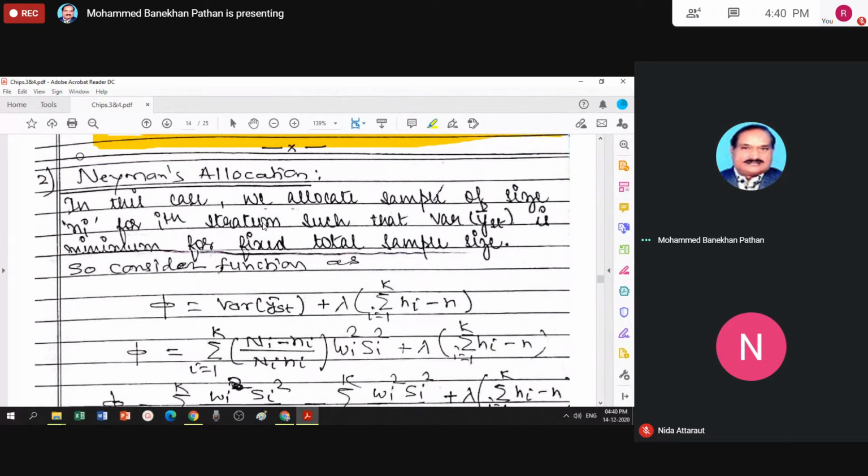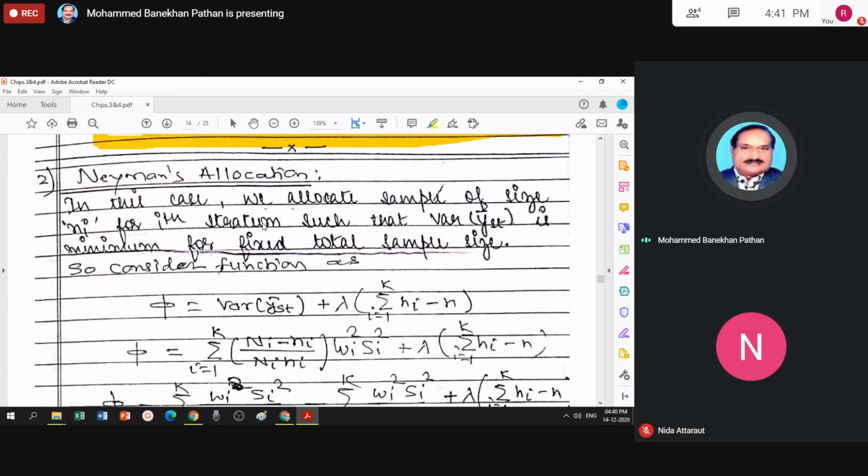Neyman was a statistician. He suggested this procedure. In this case, we allocate a sample of size ni for the ith stratum such that the variance of y bar st is minimum for a fixed total sample size.